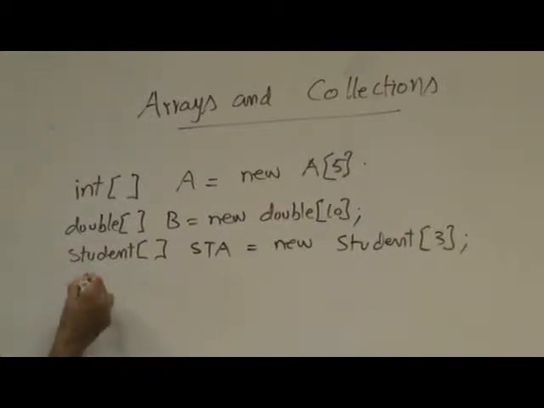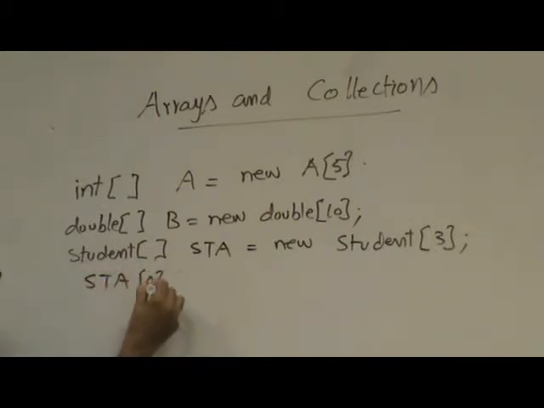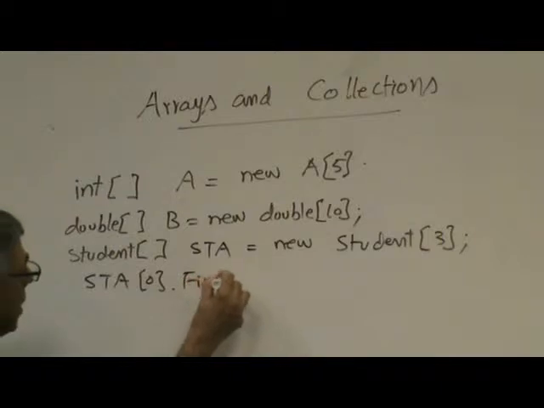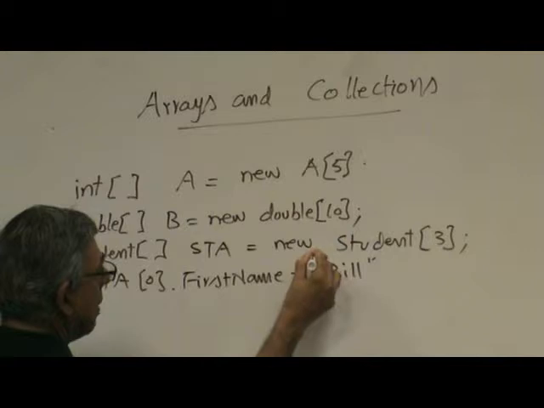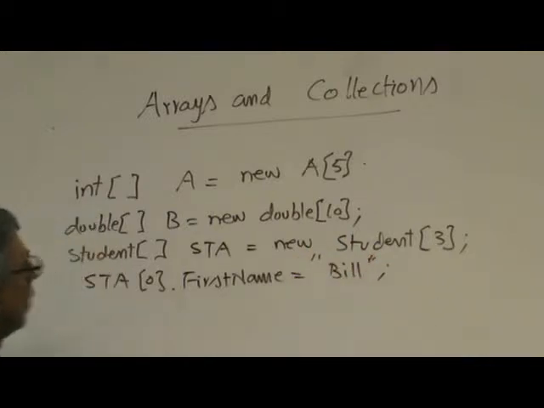No. What will happen if I try to do something like this? STA of 0 dot first name equal to, let's say, Bill. Will the compiler allow this?